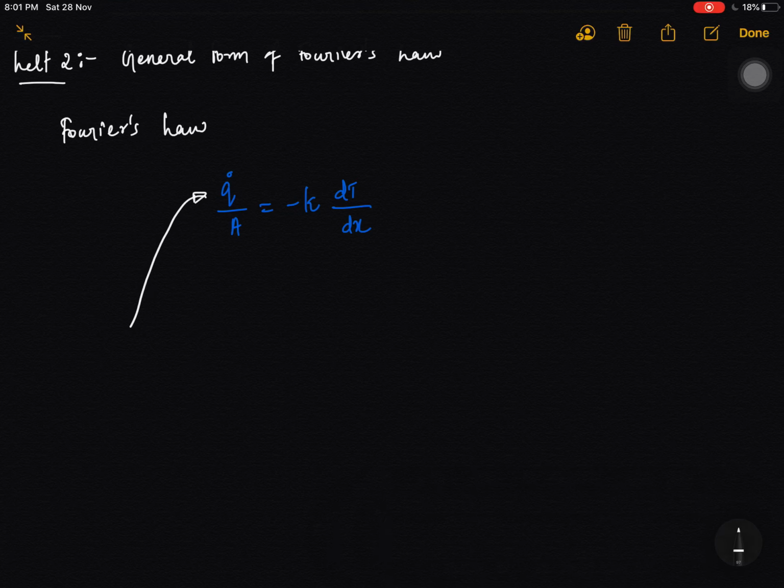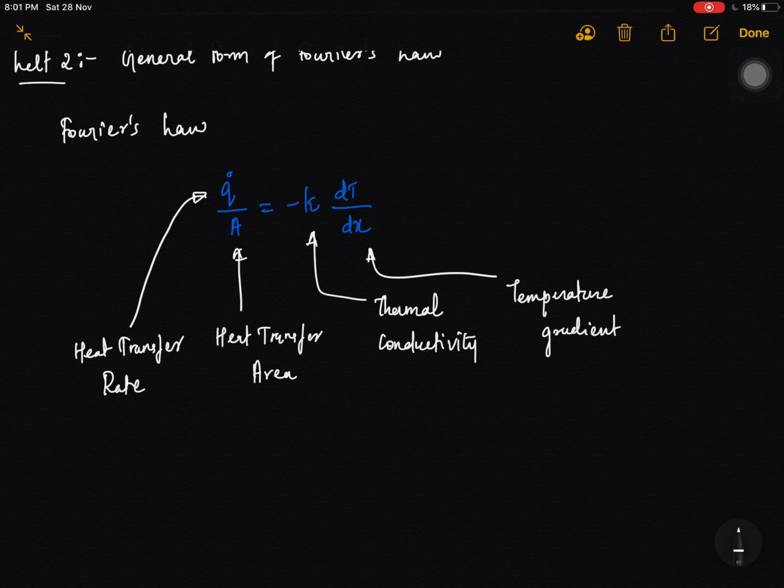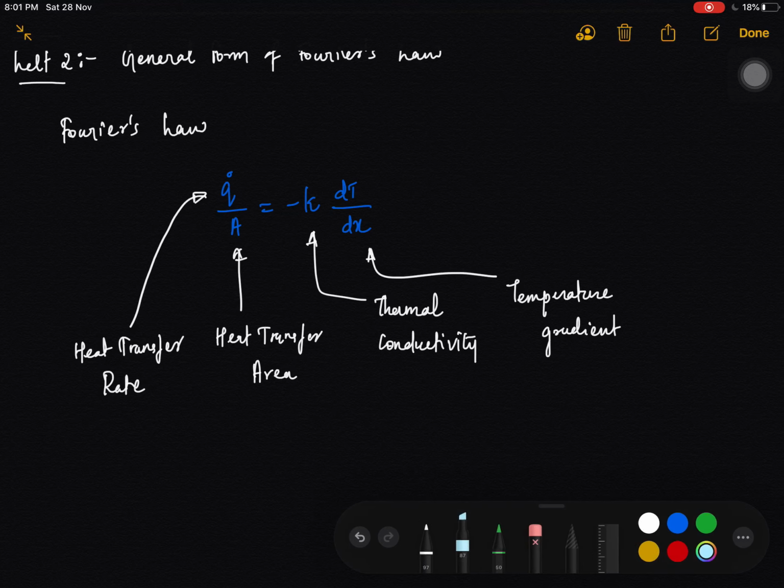So here this q dot is the heat transfer rate and this A is the heat transfer area. This k is thermal conductivity. This dT by dx is the temperature gradient that is existing in the medium.